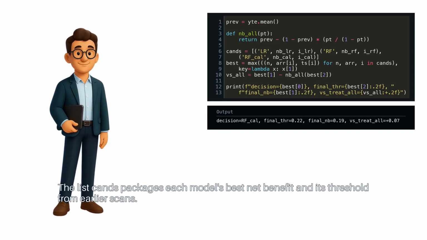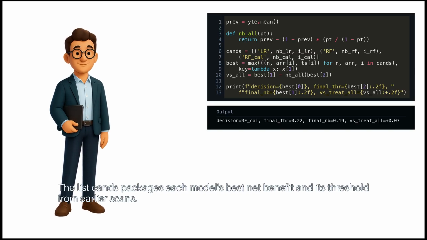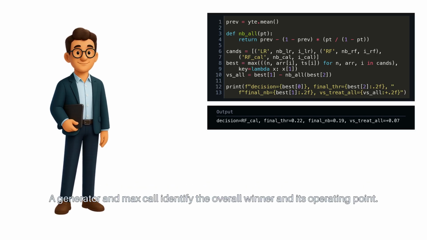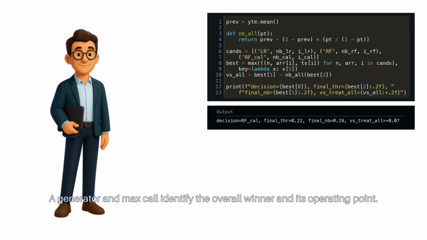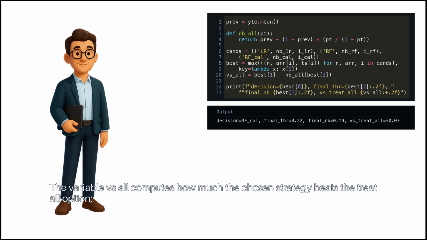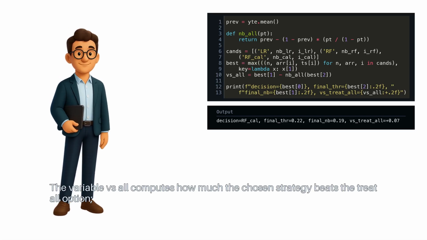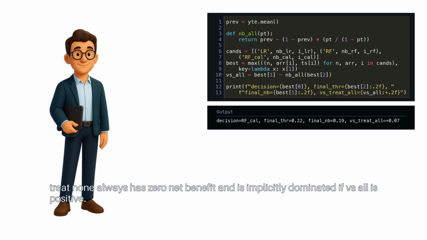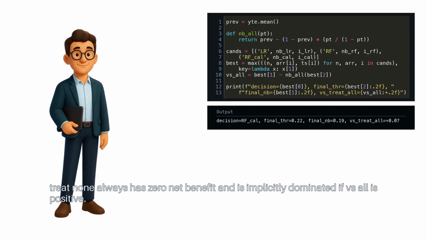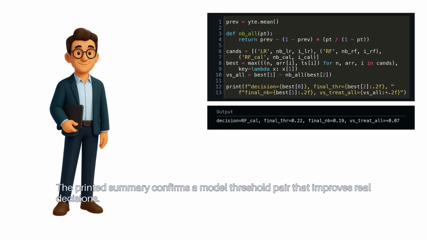The list cans packages each model's best net benefit and its threshold from earlier scans. A generator and max call identify the overall winner and its operating point. The variable vsall computes how much the chosen strategy beats the treat all option. Treat none always has zero net benefit and is implicitly dominated if vsall is positive. The printed summary confirms a model threshold pair that improves real decisions.